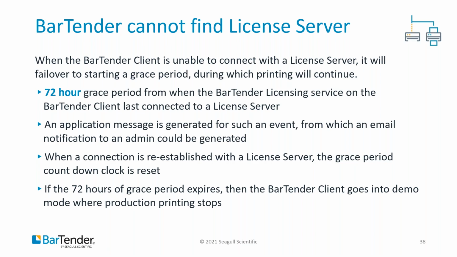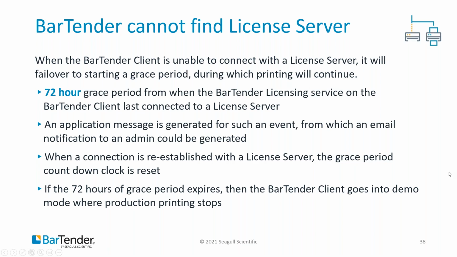So in ordinary use, the BarTender user will get 72 hours of grace period during which they can continue printing. Of course, it will generate an alert message saying, oops, can't find license server, into grace period, try to get the problem resolved before the grace period expires.